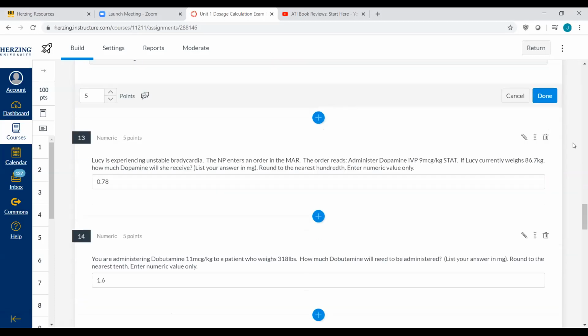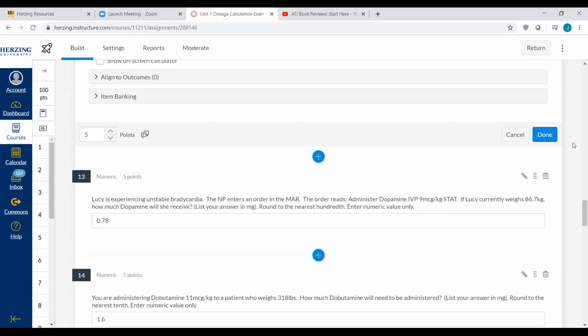Anyone else have an issue with that one, or did you get it okay? There's one right underneath it that's pretty much the same type of question. In this one, this person weighs 318 pounds, so you deal with that first. You take the 318 divided by 2.2, and then whatever you get, you multiply it by this 11. It wants it in milligrams, so then you change it to milligrams.